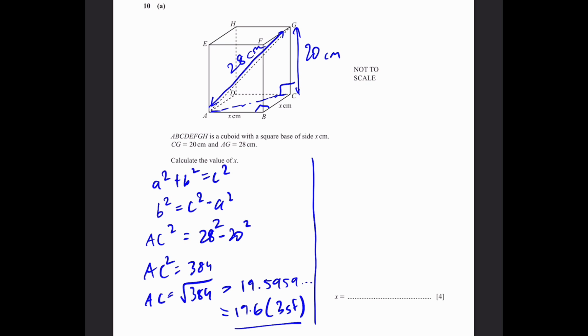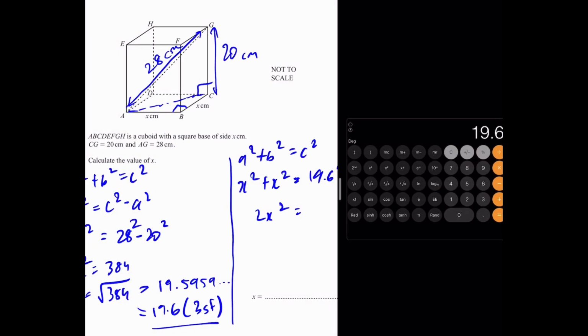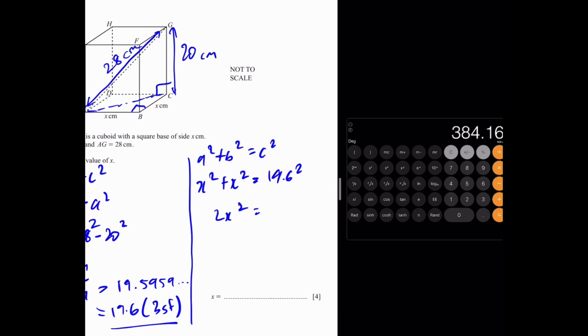Now, a squared plus b squared equals c squared. And since both AB and BC are x length, x squared plus x squared equals 19.6 squared. So 2x squared equals 19.6 squared, which is 384.16.